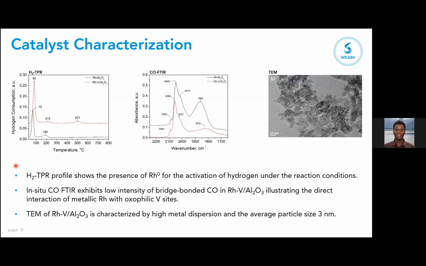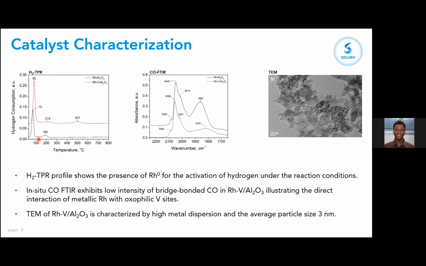And we have conducted the characterization on the bimetallic rhodium vanadium catalyst. Here, just to show you some examples, the hydrogen temperature programmed reduction profile shows that it is very easy to reduce the rhodium catalyst into metallic rhodium, which is necessary for the activation of hydrogen, even at the reaction conditions.